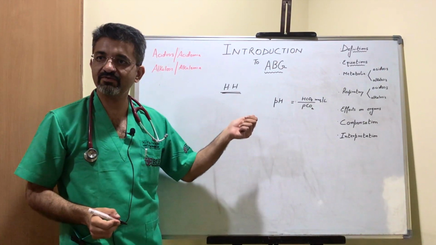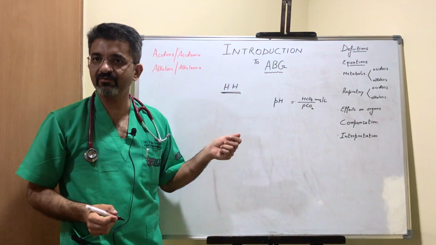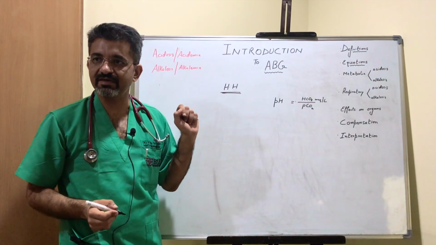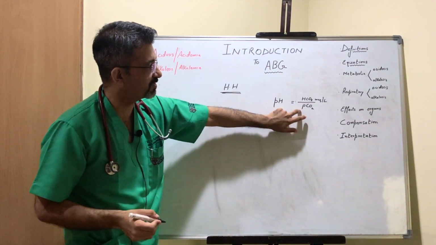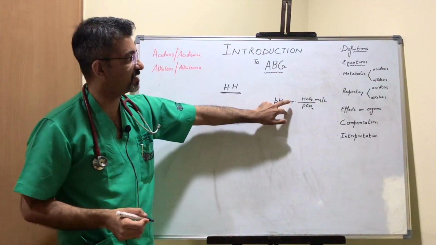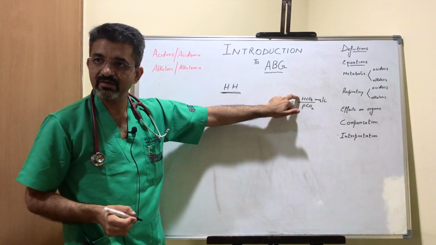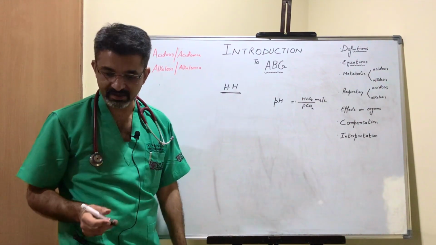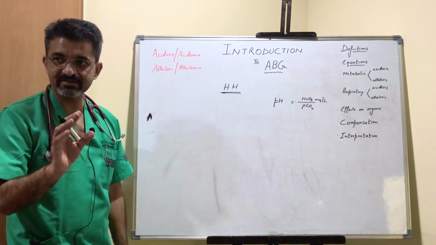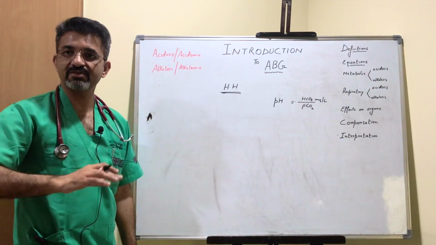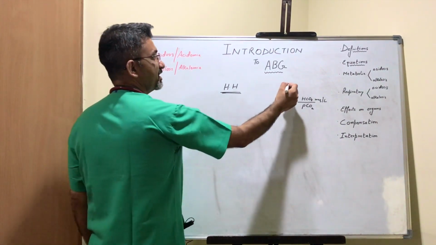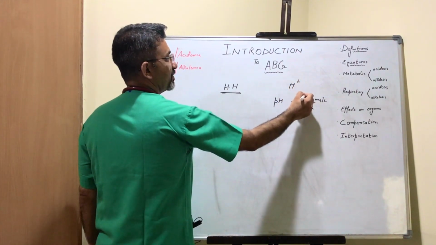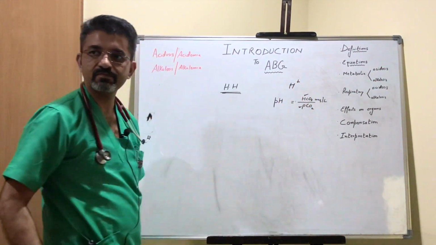This is an equation for understanding. We will not be using pK and log anywhere in our lectures. We will be using this equation only: pH is directly proportional to the bicarb and inversely proportional to the partial pressure of CO2 in blood. So we have three factors now which will be influencing acidosis and alkalosis: hydrogen ion, bicarb and PCO2.